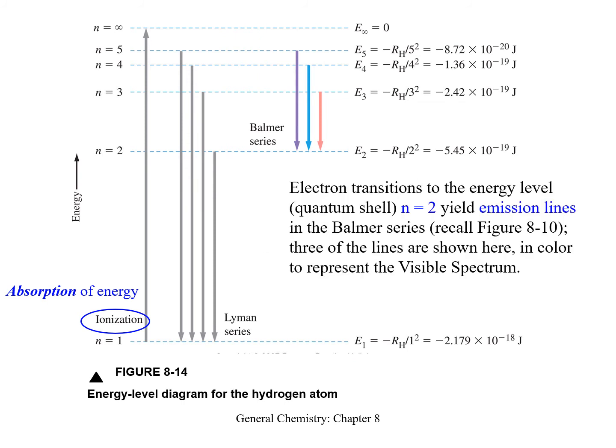When the electron transitions to the energy level, quantum shell n equals 2, we see emission lines in the Balmer series. Go to figure 8.10, I think, in your book. So the 3 lines are shown here in color to represent the visible spectrum. So this is called, again, the Balmer series.